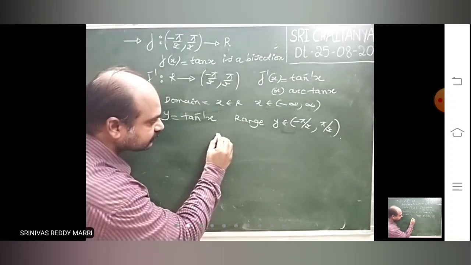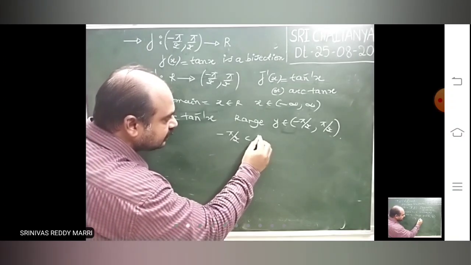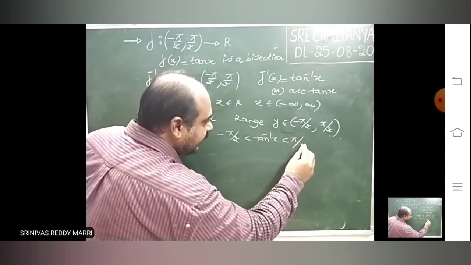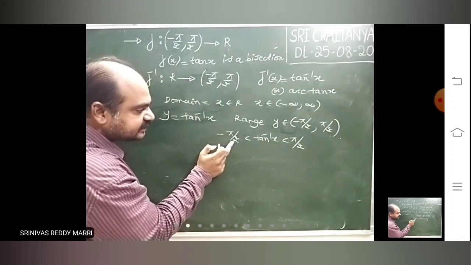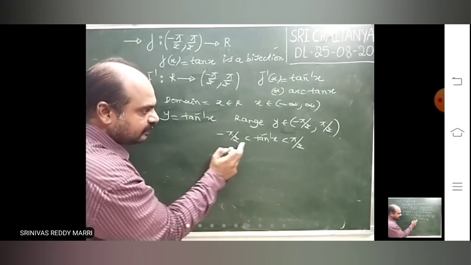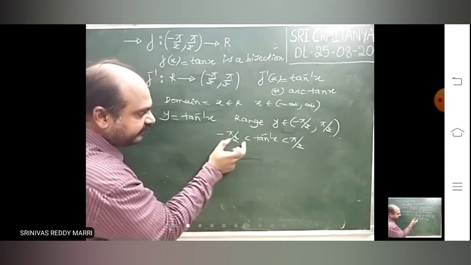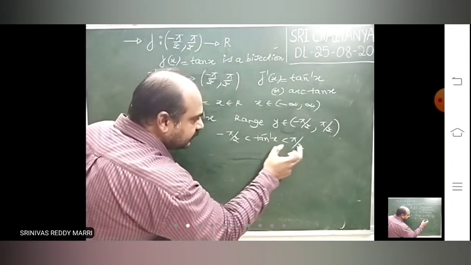That means tan inverse x always lies in the interval minus pi by 2 to pi by 2. This is an open interval: minus pi by 2 open, pi by 2 open.